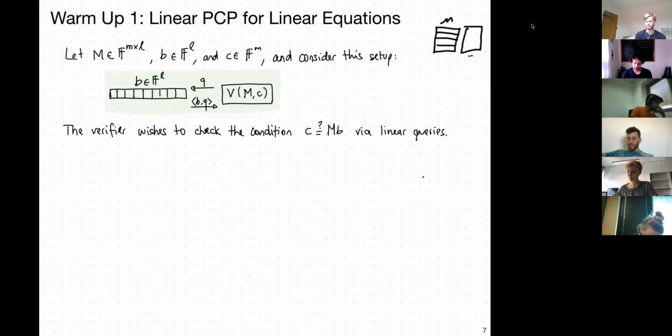This is B, and we want to check whether this is C.